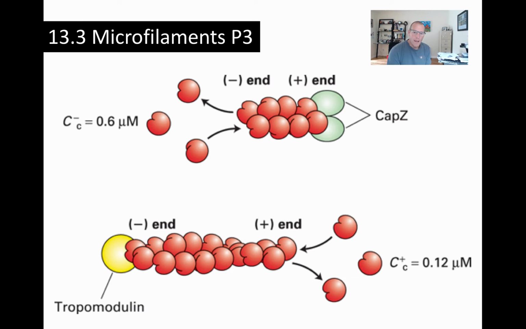So the CAP-Z protein binds to the plus end and prevents addition of subunits there, and tropomodulin binds to the minus end and stops the loss of subunits there. So what we can do is regulate the abundance of CAP-Z and tropomodulin and their relatives, and that will help us stabilize microfilaments into structures such as stress fibers, for example, or the cortex that underlies the plasma membrane.